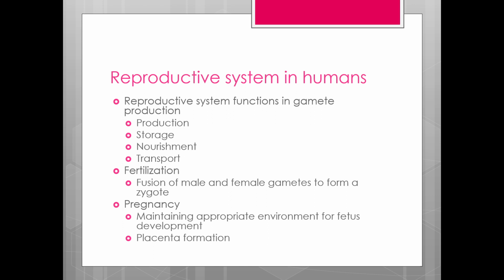Similarly, a shared function is participation in fertilization. Both sexes will participate in delivering their own gametes to the site where they can interact and finally meet, producing a zygote.